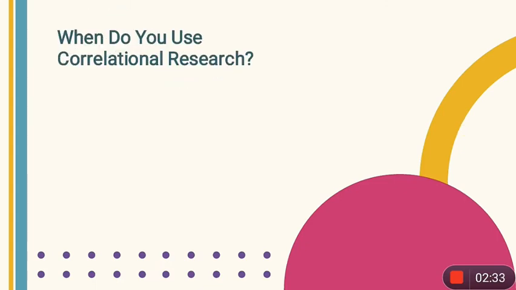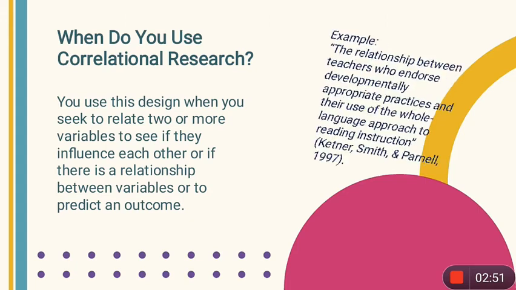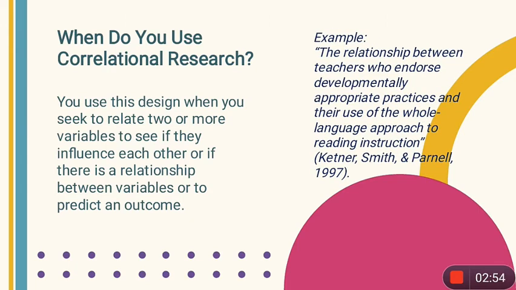So, when should you use this correlational research? You can use this design when you seek to relate two or more variables to see if they influence each other, or if there is a relationship between variables, or to predict an outcome. For example, let's see the sentence: the relationship between teachers who endorse developmentally appropriate practice and the use of the whole language approach to reading instruction.